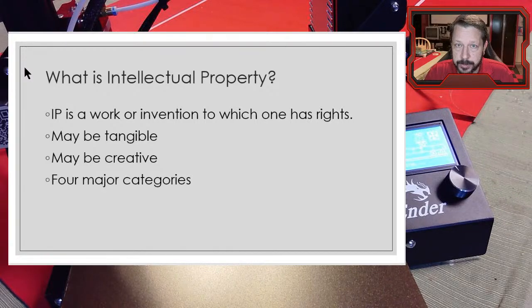It might be a tangible thing, so you might have invented a product. It might be a creative thing, so you might have written a book, and all sorts of things in between. In general, those two things are protected in kind of mutually exclusive ways. So if it's a book you wrote, you couldn't patent it.